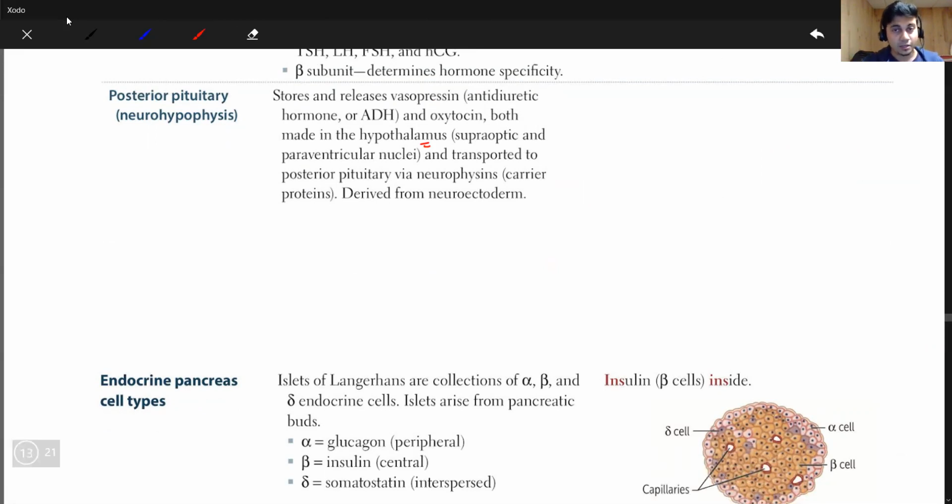In the hypothalamus, there are some nuclei, that means collections of cell bodies in the central nervous system are called nuclei. These nuclei are the supraoptic and paraventricular nuclei, particularly, because there are other nuclei in the hypothalamus. These two nuclei produce these hormones, and from the hypothalamus, these hormones are transported down to the posterior pituitary, and from the posterior pituitary, these hormones are released.